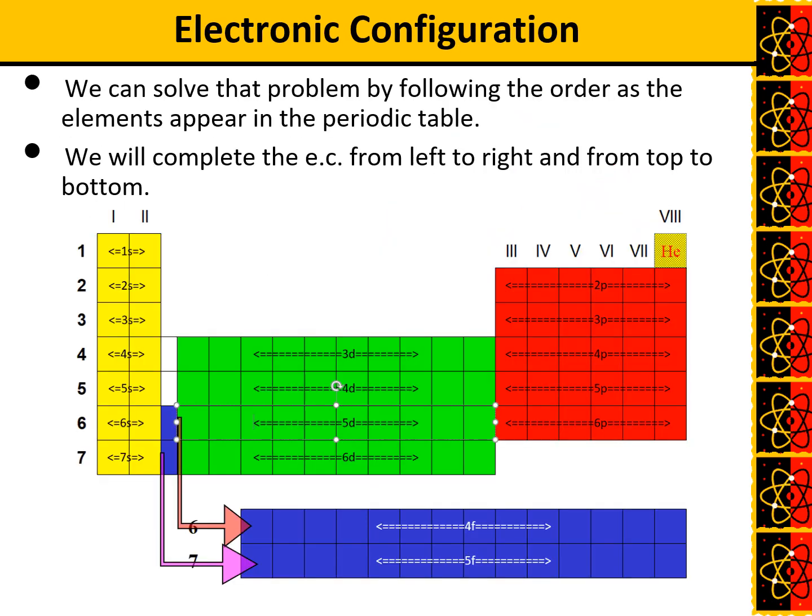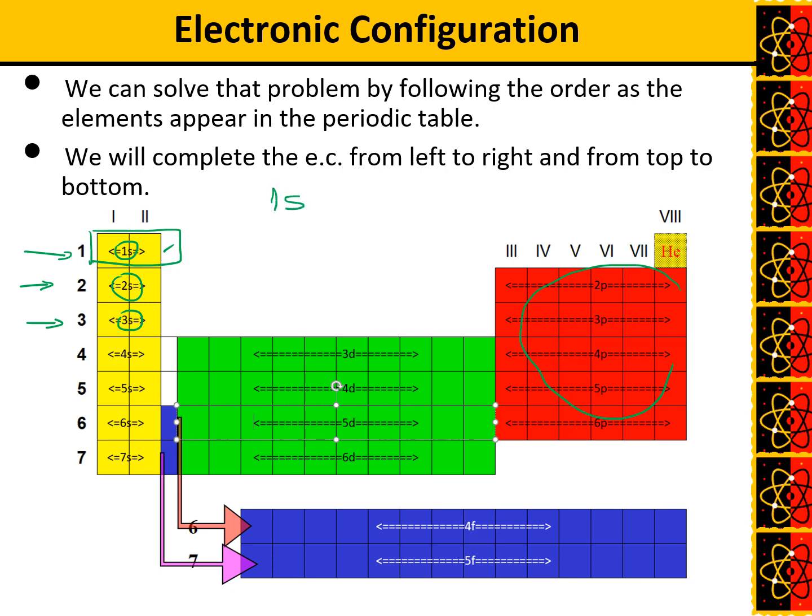Now, if we look at the periodic table, we saw that the first layer is the first level, the second layer is the second level, the third layer is the third level, and we call those periods. But look at the letters here. S, S, S, okay? So this is going to be the 1S, and these are the sublevels. The sublevel S is this yellow area here. The sublevel P is this area here. So in the first layer, we have only 1S.